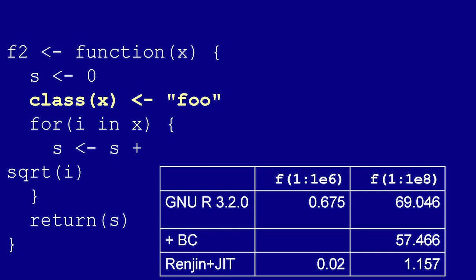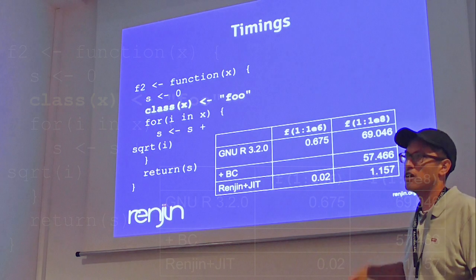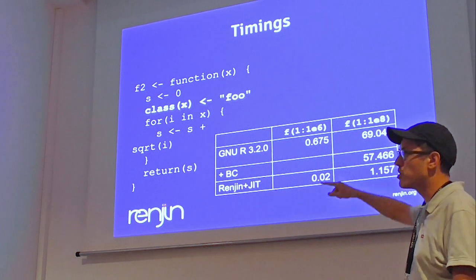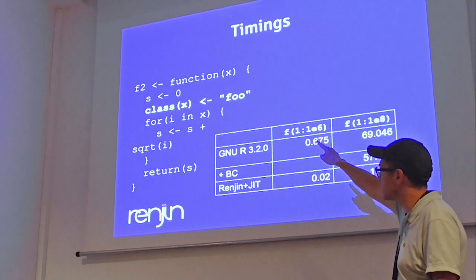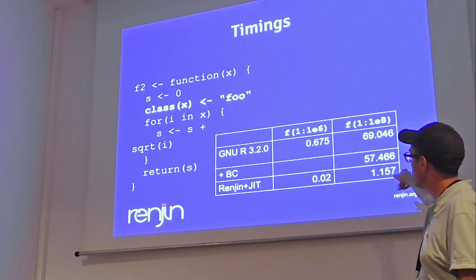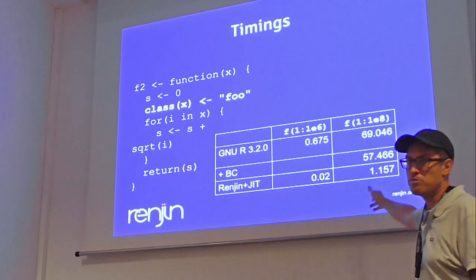Otherwise, you have to check every iteration of the loop: is there a plus.foo? Is there a plus.foo? Is there a plus.foo, for 1,000,000 times? So if you can assess at compile time that there is no plus.foo, then now you have a speedup in the area of 60 times.